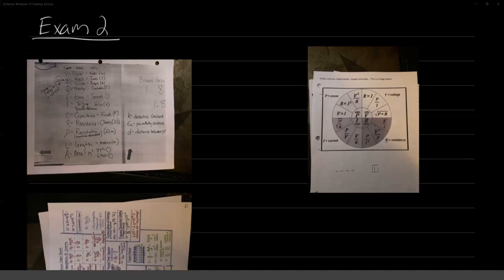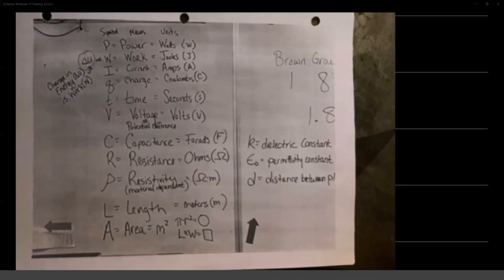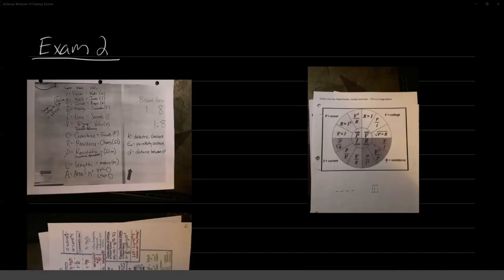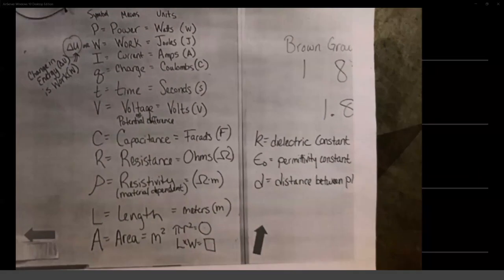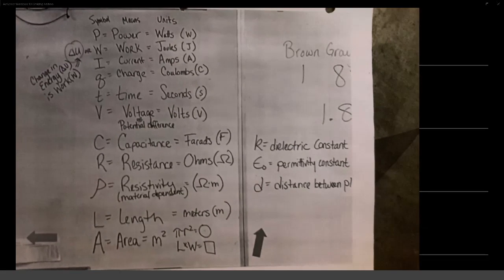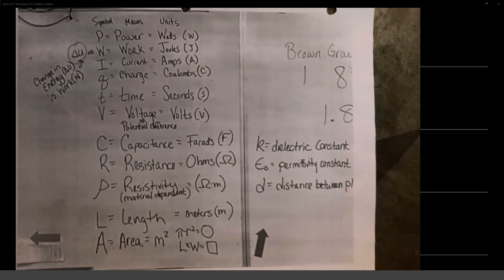So, I just wanted to start by saying the 3 most important pieces of information are going to be these 3 sheets. This one was one. Eden was kind enough to photocopy it for me, but Shannon had it on the board the other day.